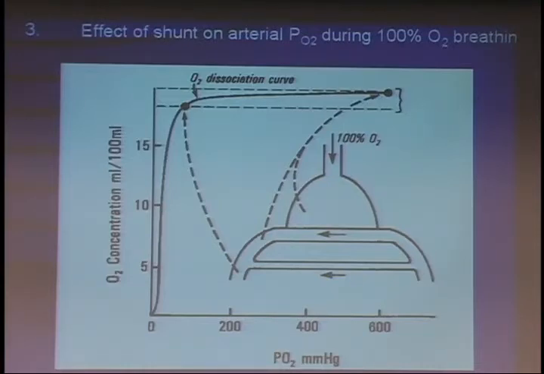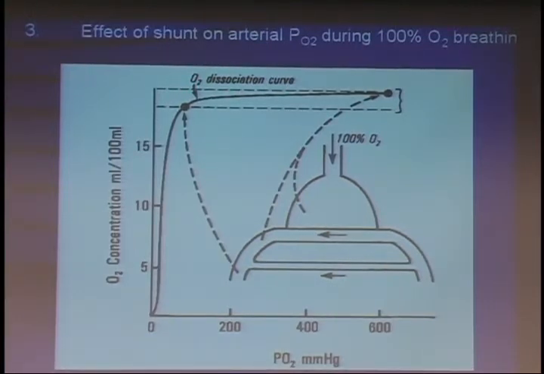Well, if you know what the oxyhemoglobin dissociation curve is like, then what you would expect is to have an arterial PO2 of about 100 and an oxygen content up here at about 20 or so. Now, if you ask this person to breathe pure oxygen, you know that you're already on a relatively flat portion of the dissociation curve.